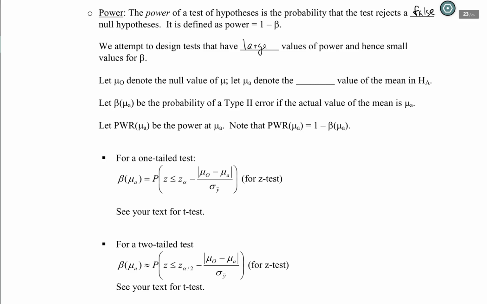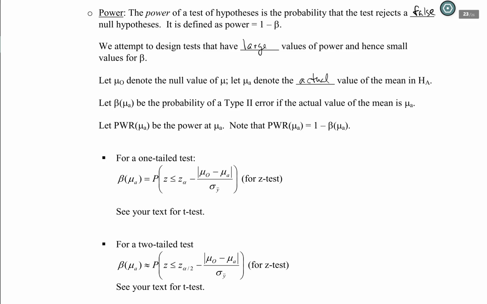Now, what we're going to do in computing the power of a test would be to let mu naught be the null value of mu, that's the null hypothesized value, and let mu a denote the actual value of the mean in the alternative.